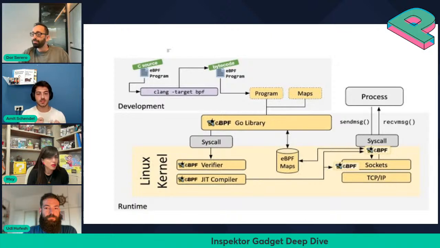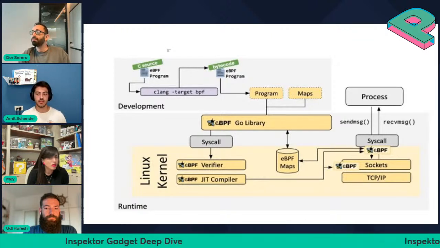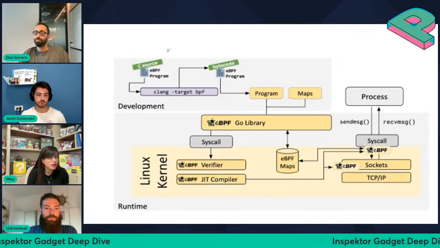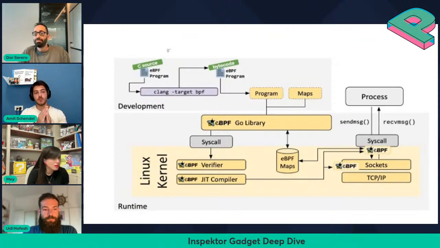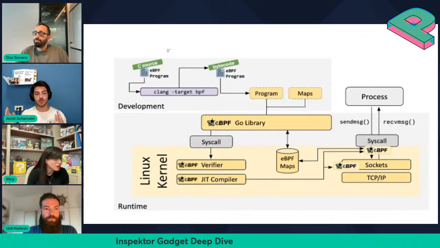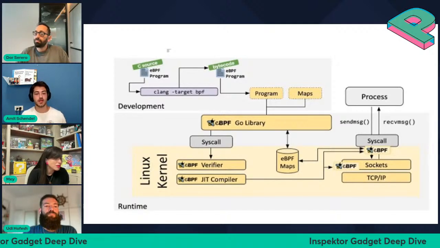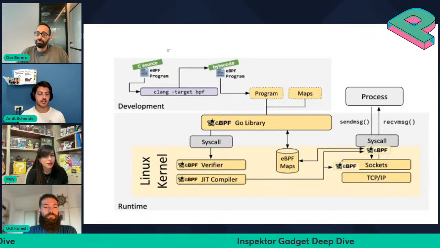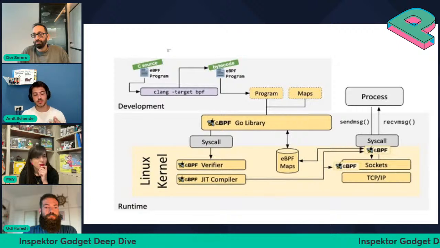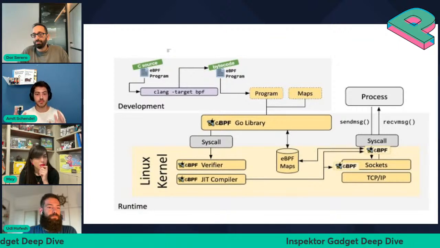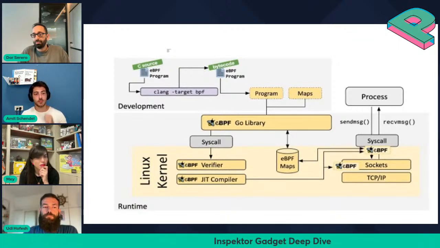And what it means is that it has a lot of different conditions. For example, it checks that your program always has an ending, so you don't get into infinite loops. It checks that you don't pass a certain stack size, that you don't pass a certain instruction count, and it does a lot of checks, and it's a big complicated piece of code.